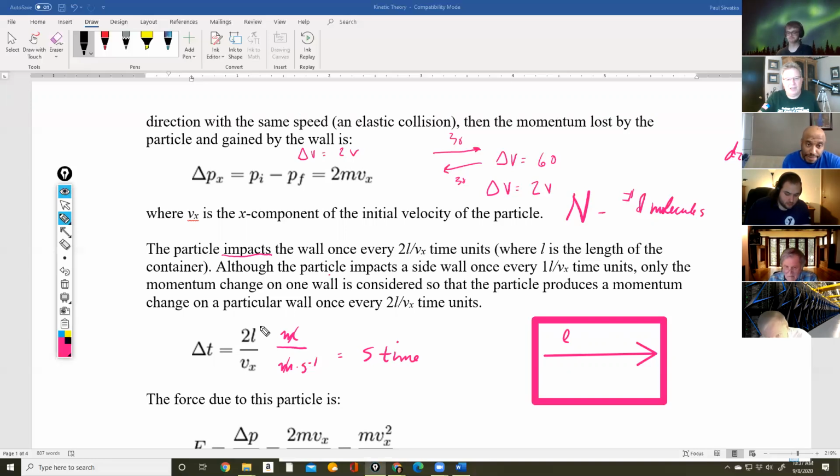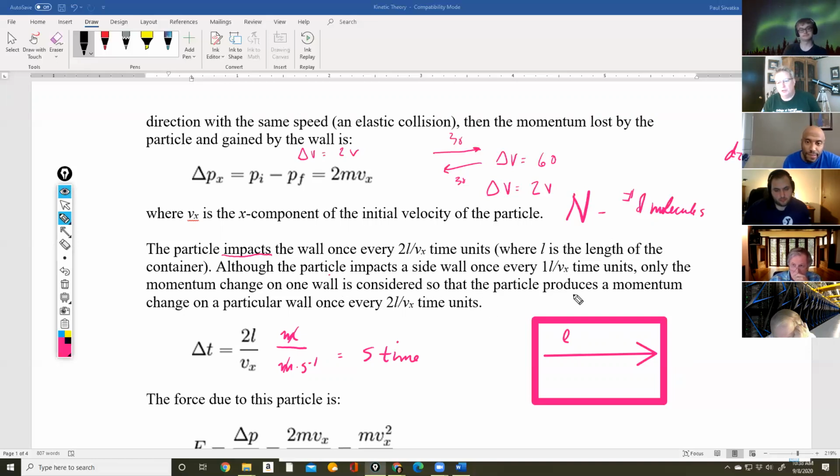Do you agree that if the length were greater, it would hit more infrequently? Yes. Although the particle impacts the sidewall every L over Vx, only the momentum change on one wall is considered.